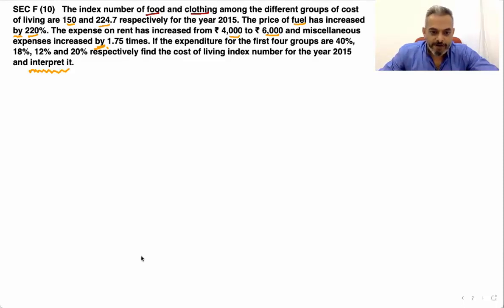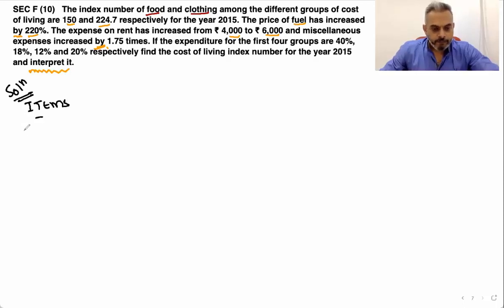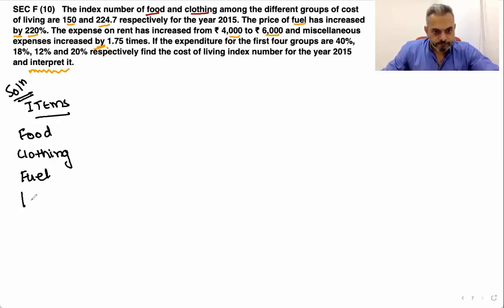Okay, so let's go to the solution. Let's write. First we write the items: food, clothing, fuel, rent and miscellaneous.